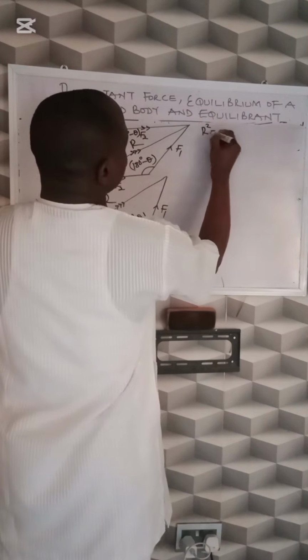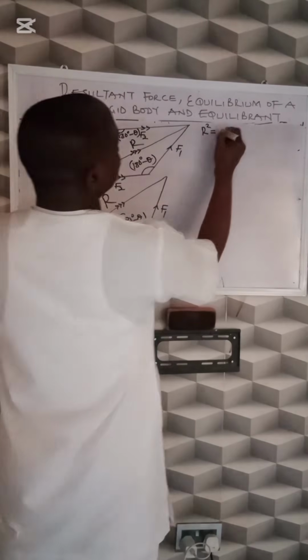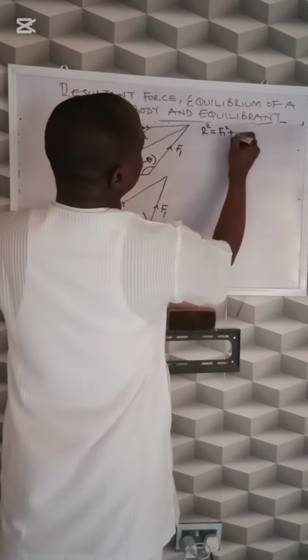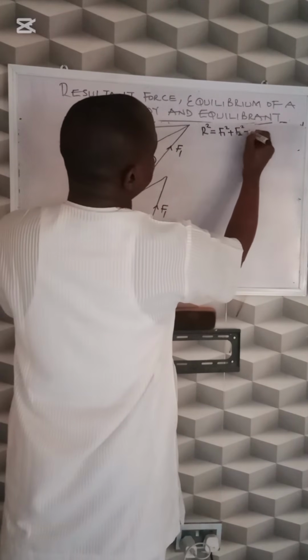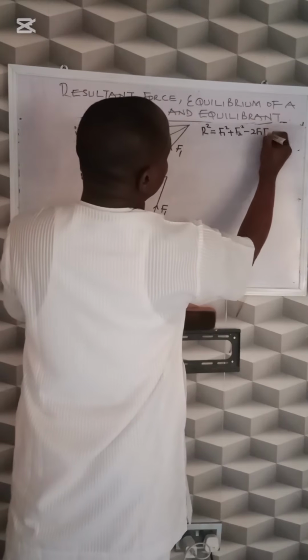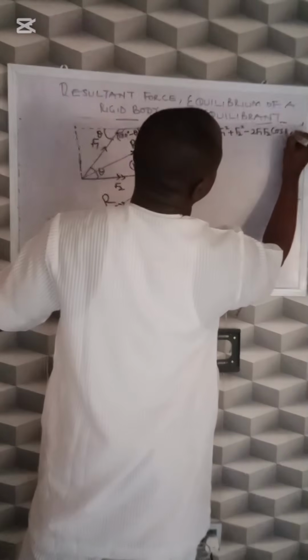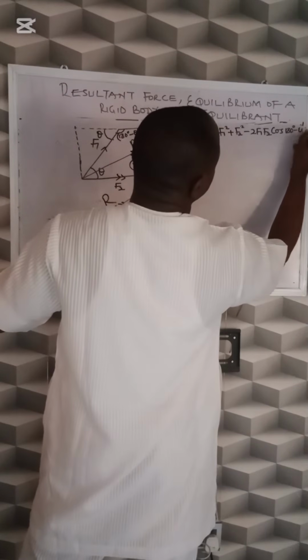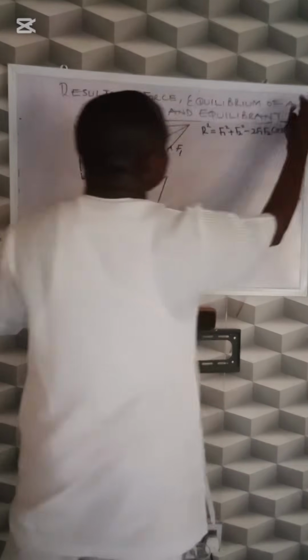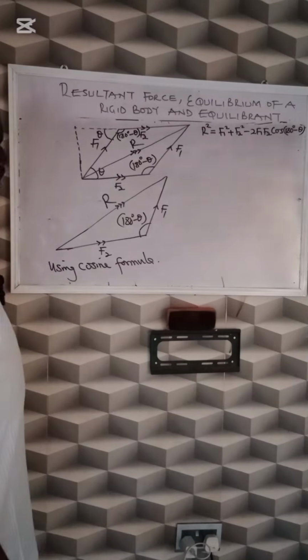It will be R squared is equal to F1 squared plus F2 squared minus 2F1F2 cos of the angle here, which is 180 degrees minus theta. This we are using the cosine formula.